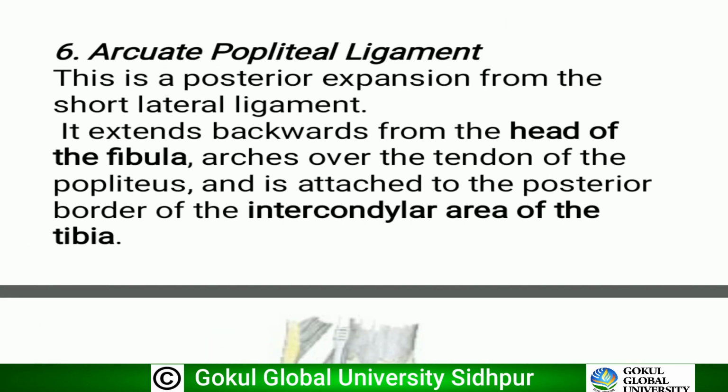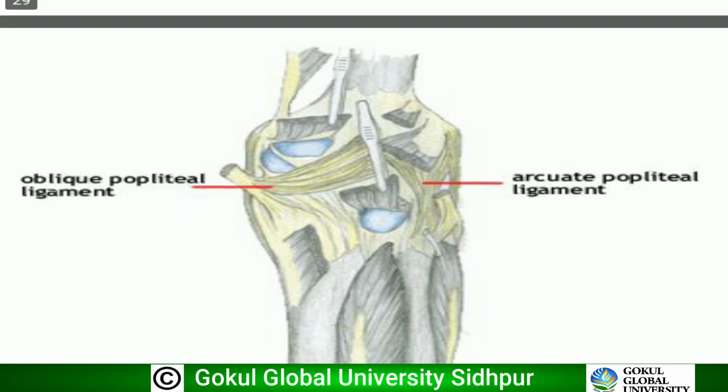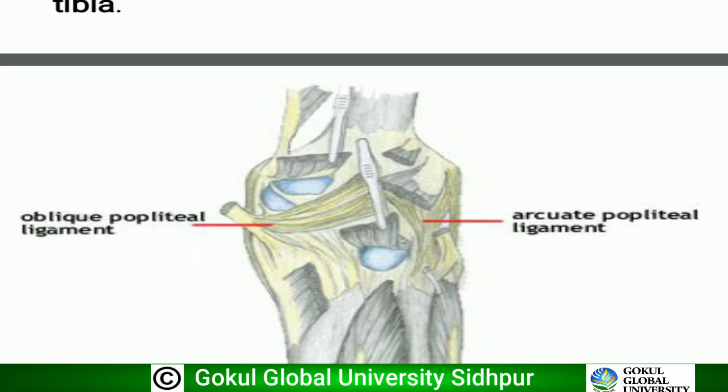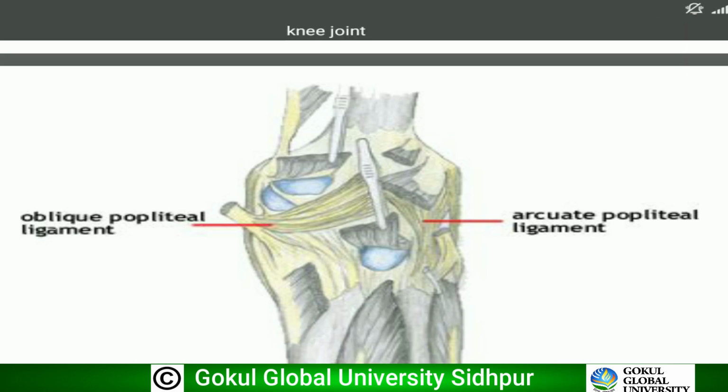Here, from the head of the fibula to the intercondylar area of the tibia. It goes upward to the intercondylar area of the tibia. Okay, arcuate popliteal ligament.